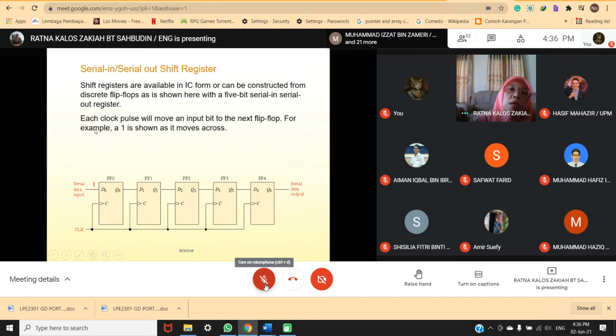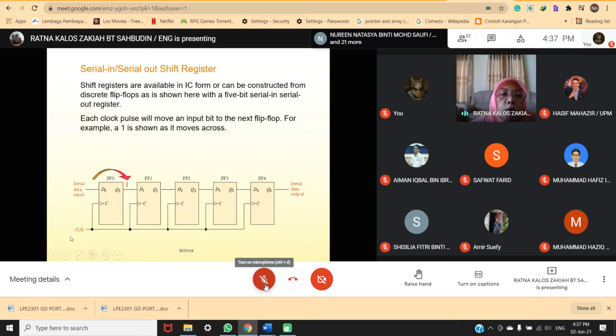Now each clock pulse will move an input bit to the next flip-flop. For example, 1 is shown here as it moves across. So look at the diagram here.